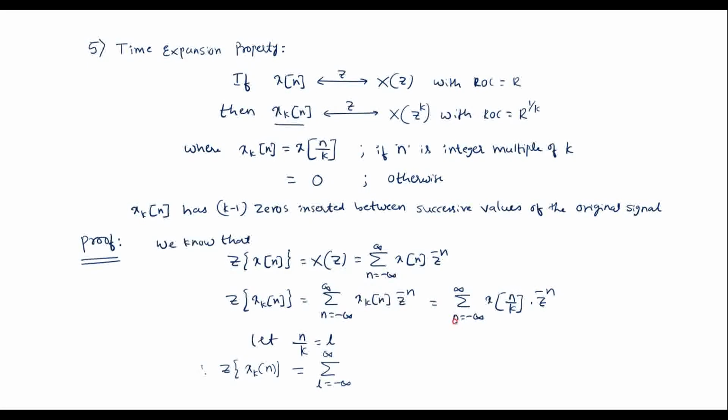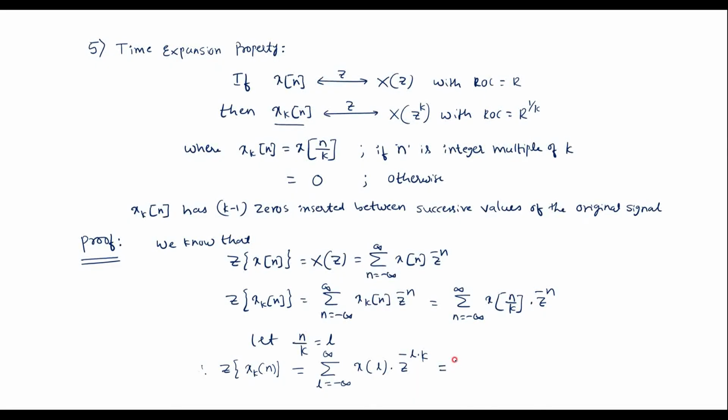So I am replacing variable n by L, that is L varies from minus infinity to plus infinity. X of n by k is nothing but x(L) z power minus n, where n is nothing but L into k.